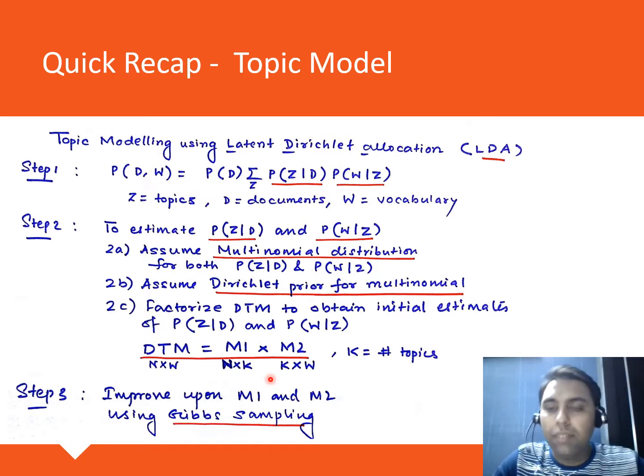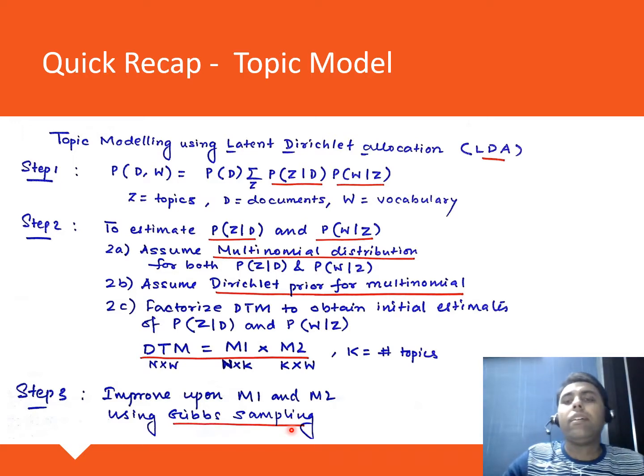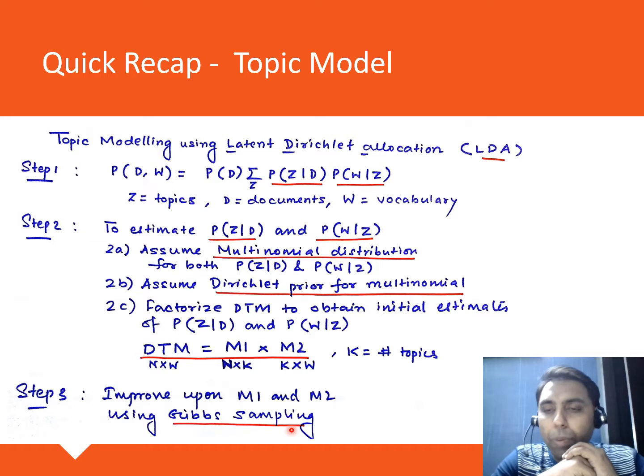And then this allocation is further improved upon by using Gibbs sampling. By improvement, we mean that we want to reach a steady state where the topics have been identified in such a way that some of the words are present in some of the topics with higher probabilities, and consequently they are present with comparatively lower probabilities in some of the other topics.